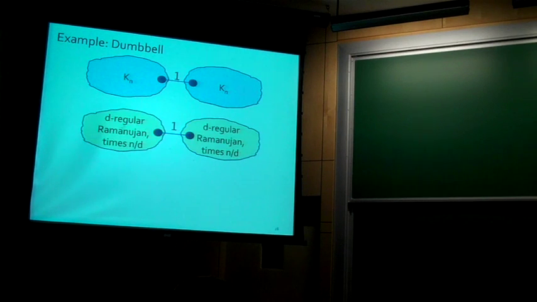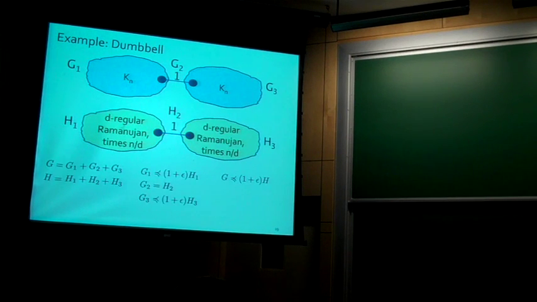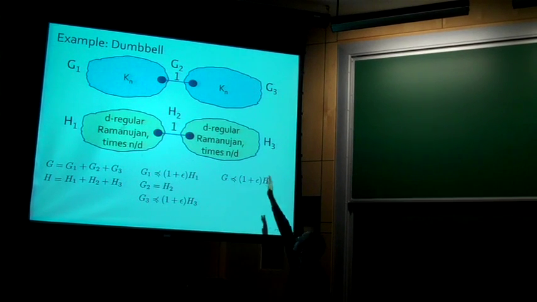It is completely trivial given this notation of less than or equal to that I gave you on graphs. What you do is you divide your graph up into 3 parts. The left part I'll call G1 or H1, the middle part G2, H2, the right-hand side part G3 and H3. You can apply this notion of less than or equal to separately. Your graph G you can write as G1 plus G2 plus G3, or at least you can do that for the Laplacian matrices.